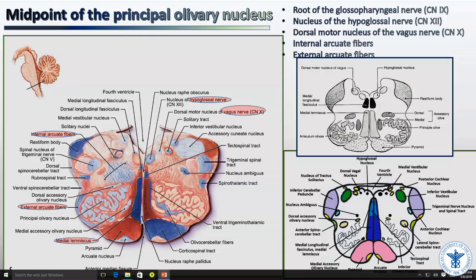So this is again the open medulla. You can see that, and what's interesting here is at this section you're just about seeing this structure. This is a bunch of fibers that begin to cross over going into the medial lemniscus, and these are the internal arcuate fibers.